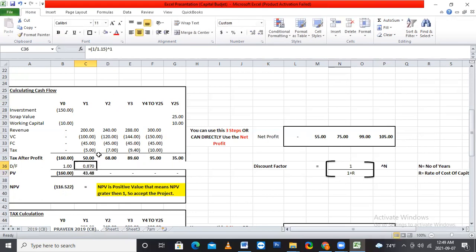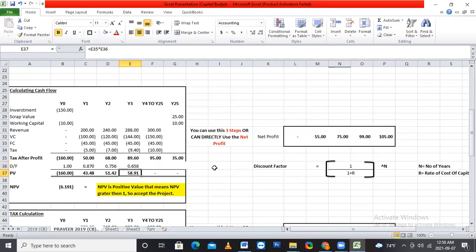Okay, I take the 3 decimals and I'll copy that to the second year. I'll change only the year, second year. Okay, I'll copy to the next one, change the year, third.